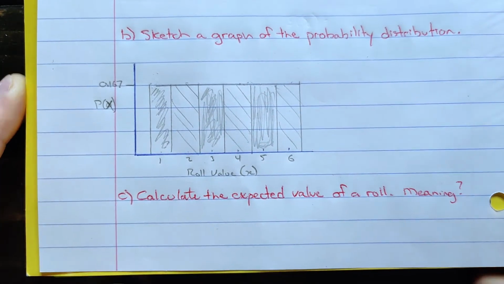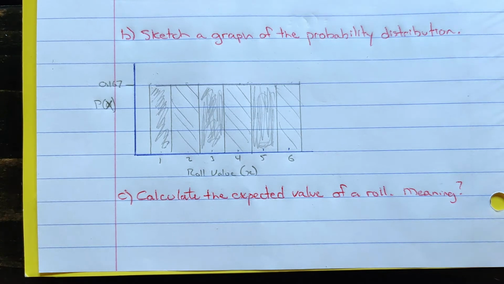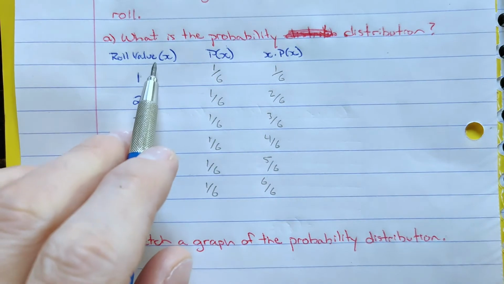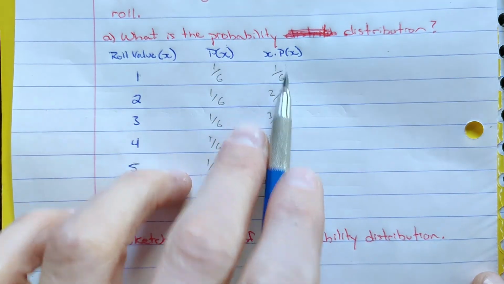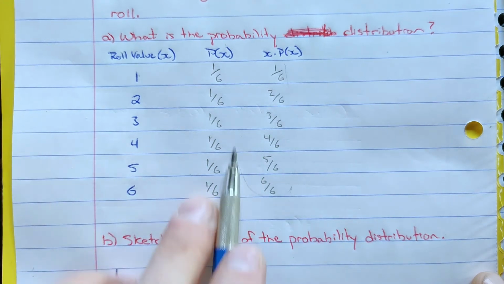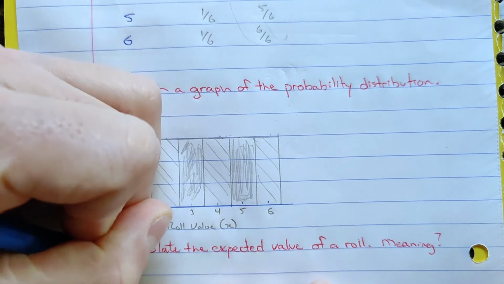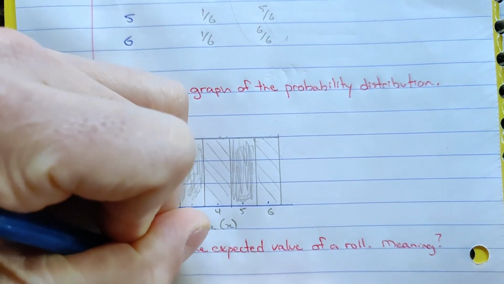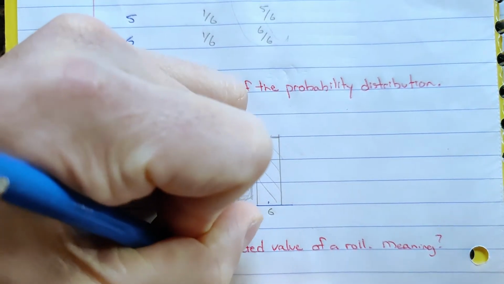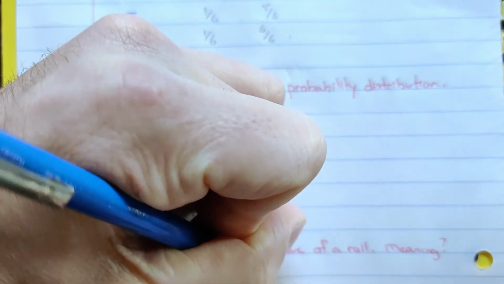If we want to calculate the expected value, then what we need to do is sum up all of our outcomes times their probability. So that's a sum of all of these values here. If we add all these up, we have 1 over 6 plus 2 over 6 plus 3 over 6 plus 4 over 6 plus 5 over 6 plus 6 over 6.